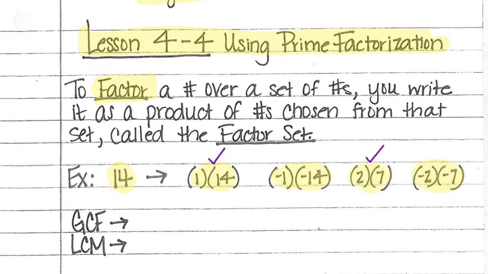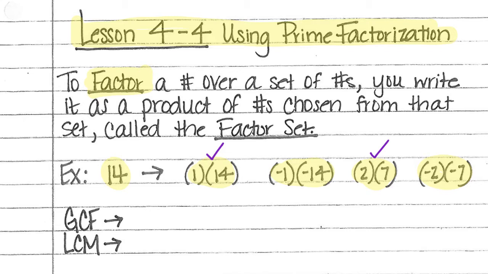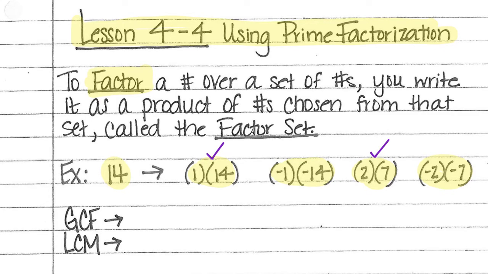We are going to talk about prime factorization and factors. They are different. If I talk about the prime factorization of 14, it is different than the factors. But all of this is going to lead us to the GCF and LCM.